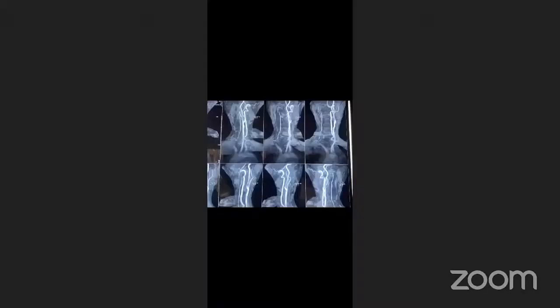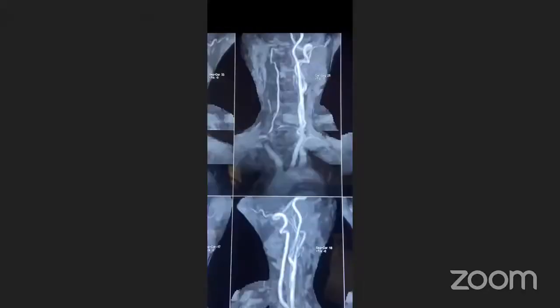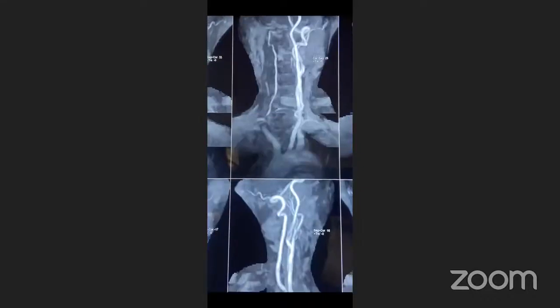This is the neck angio. The neck angio is showing the brachiocephalic, then you hardly see any CCA and ICA. The right vertebral artery is hypoplastic, the left vertebral artery is good, and again there is a left proximal ICA stenosis.